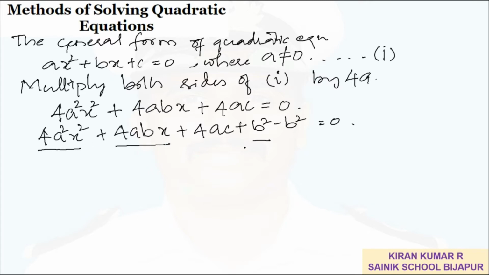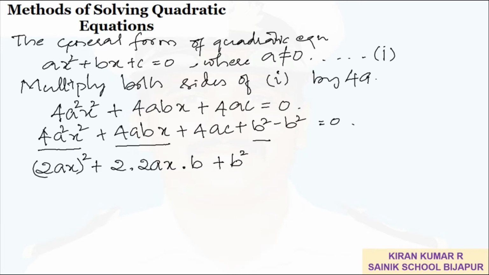With the combination of these 3, I will write it as 2ax whole square plus, instead of writing 4abx, I will write 2 times of 2ax multiplied to b plus b square.